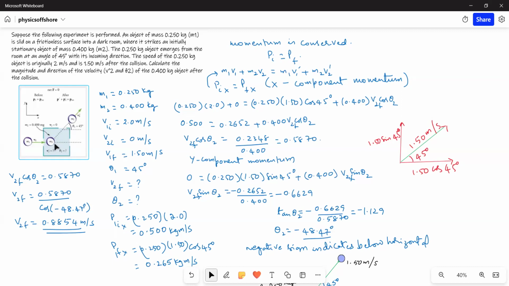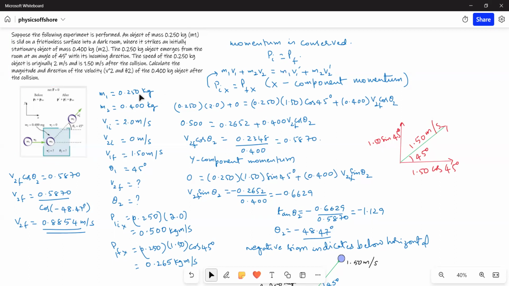After hitting that mass, it emerges with a velocity of 1.5 meters per second, making an angle of 45 degrees with the initial direction. Our aim is to find the velocity of the second object, whose mass is 0.4 kilograms, after the collision, because initially the second object is at rest.